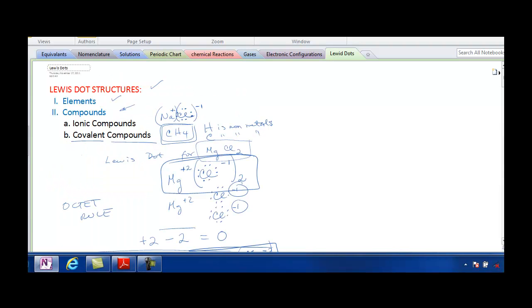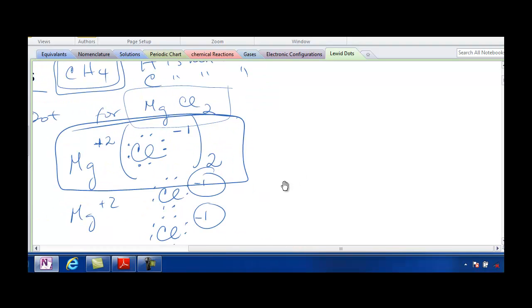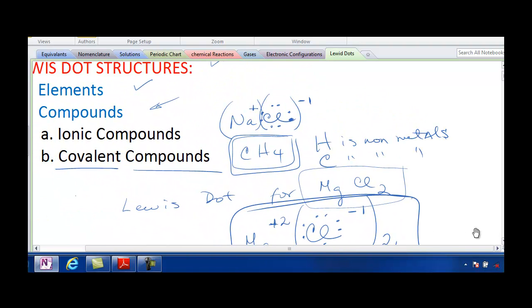That's for elements. Then when these elements mingle and form compounds, you can have either an ionic or a covalent compound. In an ionic, electrons transfer, like sodium chloride, and in a covalent, electrons are shared. So the verb to transfer or to share is essential to understand the difference between these two.